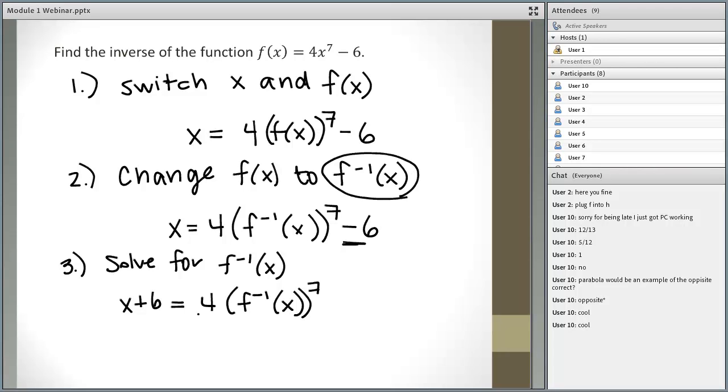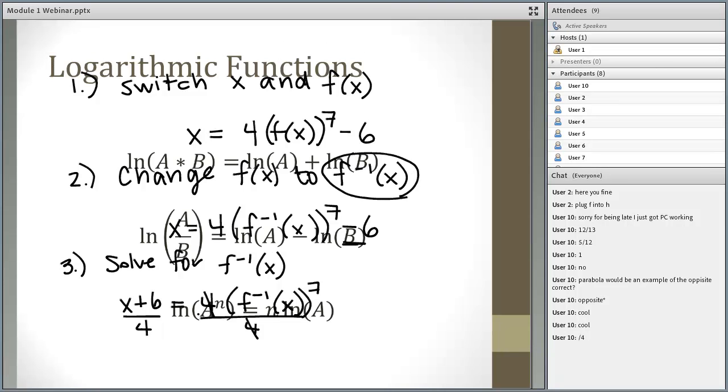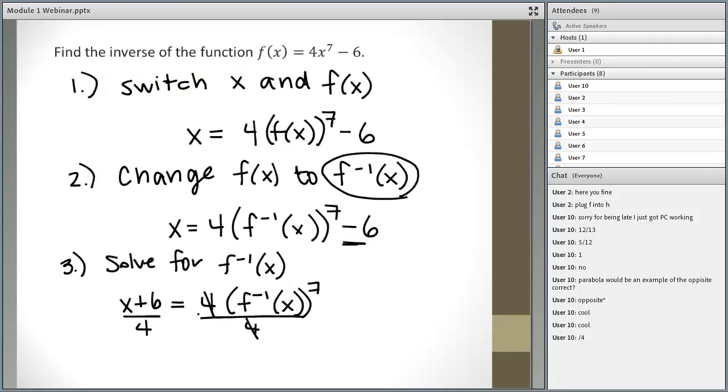What's the next step in getting f inverse of x by itself? Good. Divide out the 4. I divide out the 4 on both sides. So I have x plus 6 over 4 equals f inverse x, and that's to the 7th power.